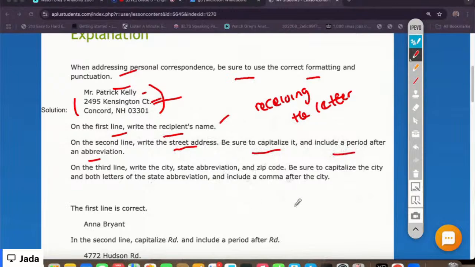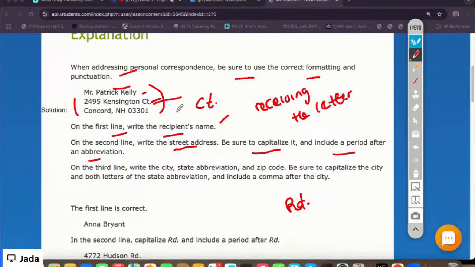So for this one, you can see city with a period. All right, so that's it for the first and the second line.